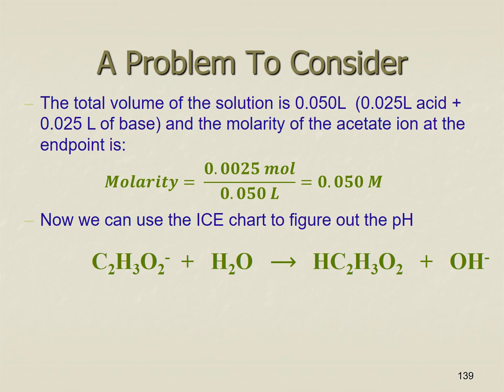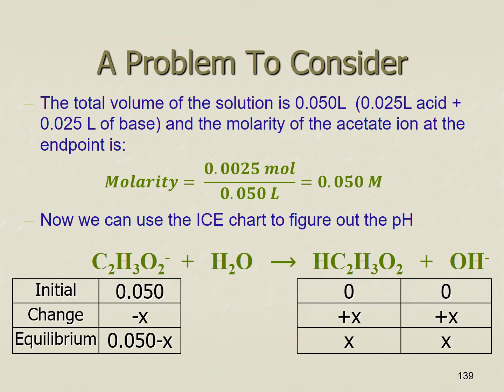So to find the molarity of the acetate, we take the moles of acetate, 0.0025 moles, divided by the total volume, 0.050 liters, and we find that our initial concentration of acetate, once this equilibrium has been set up, is 0.050 molar. And that should sort of make sense because the original acetic acid was 0.1 molar. We diluted it down by half, so the acetate is 0.05 molar.